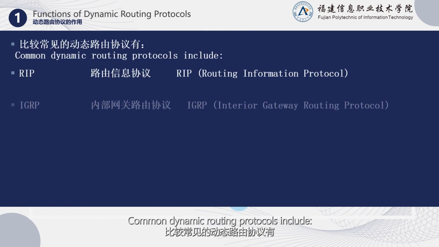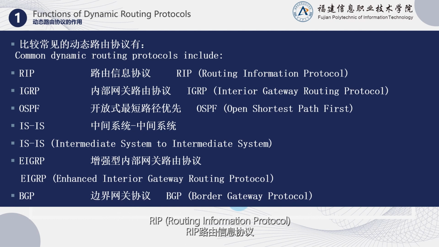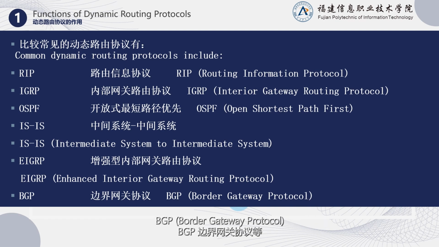Common dynamic routing protocols include RIP, Routing Information Protocol; IGRP, Interior Gateway Routing Protocol; OSPF, Open Shortest Path First; IS-IS, Intermediate System to Intermediate System; EIGRP, Enhanced Interior Gateway Routing Protocol; BGP, Border Gateway Protocol.